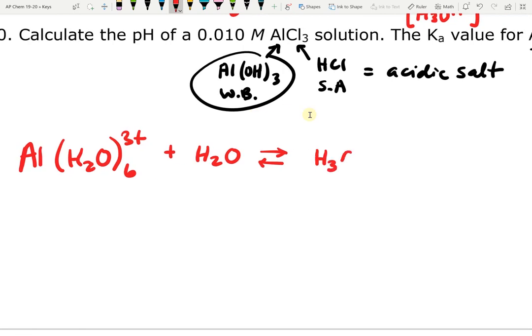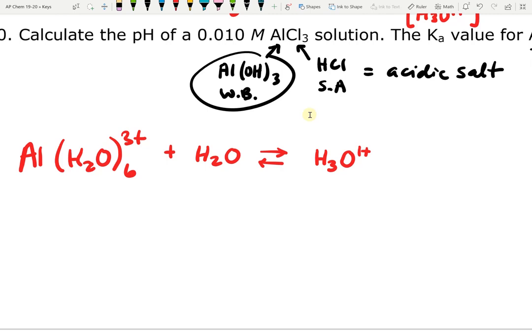And as mentioned in that last video, this was talked about in the video from Mr. Faribaugh around 58 minutes and 46 seconds, if you need to revisit how aluminum with those waters around it is able to donate a hydrogen to the water molecule that's come nearby. How does this water take a hydrogen from that big group? It has a lot to do with Coulomb's law, actually, but it gives away one of the hydrogens and the water takes it.